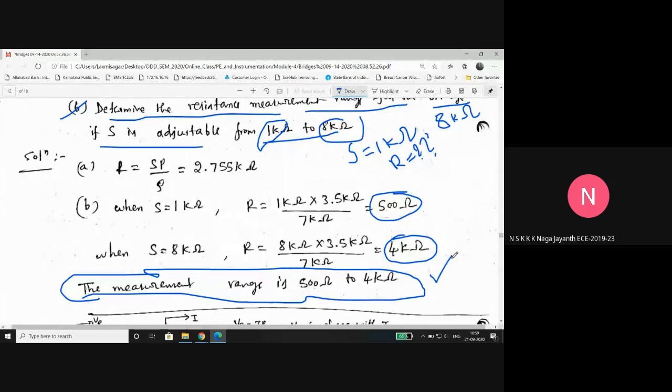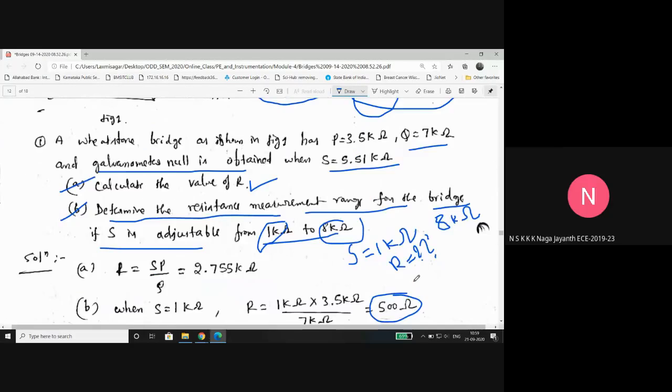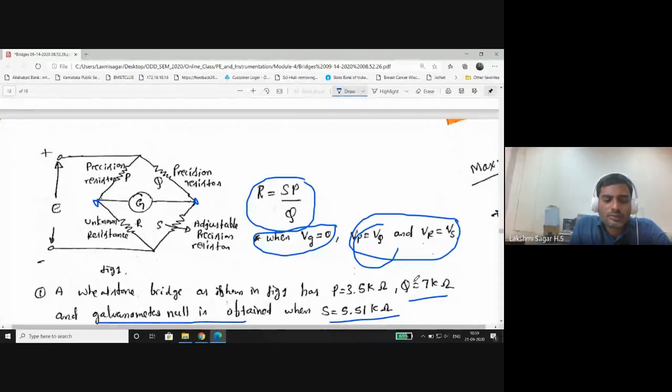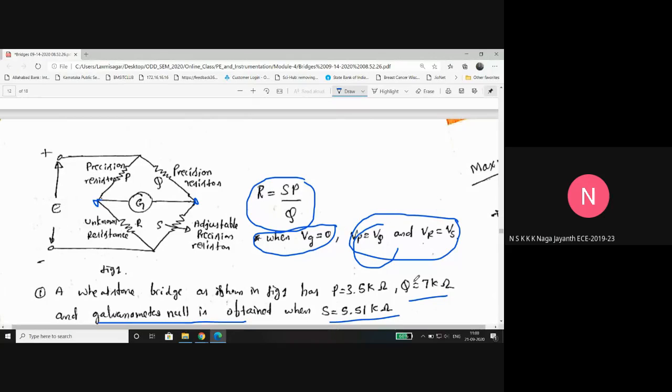Sir, once can you show the circuit diagram, sir? The upper one. Understood? Okay. Sir, 1 minute, sir.